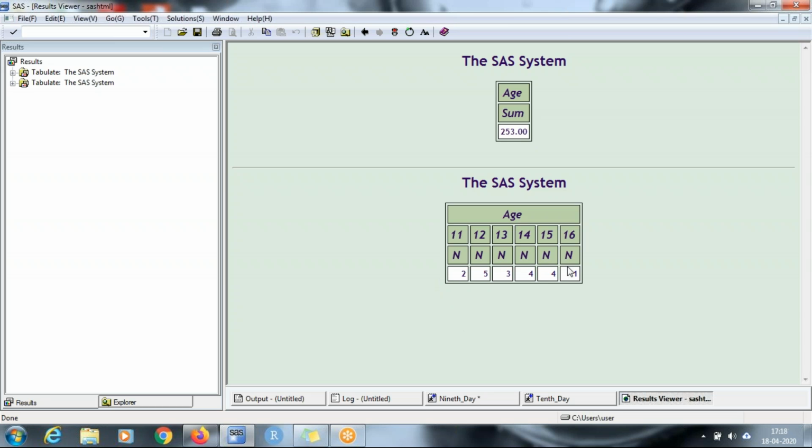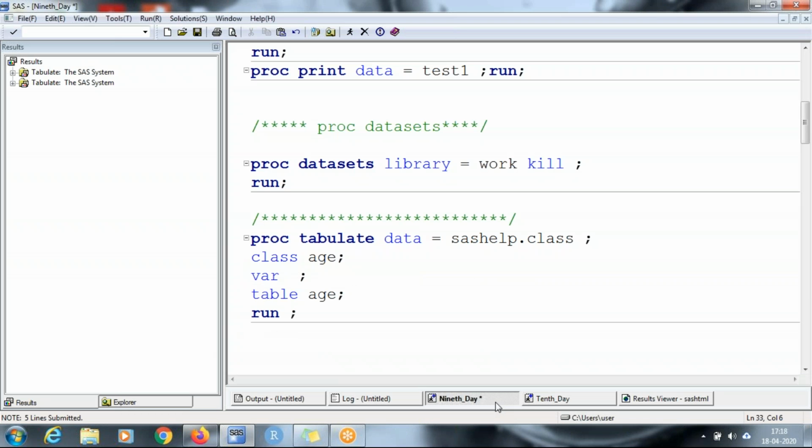However, when I used it in the class statement, it is giving me the class frequency, because now it is treating it as a categorical variable. Is this point clear?